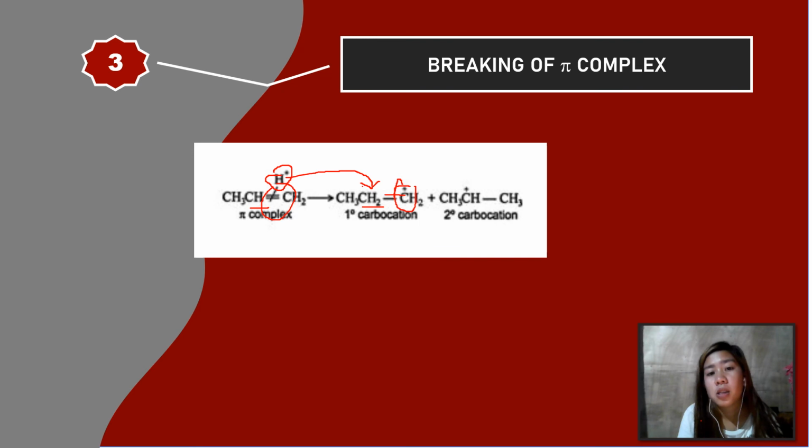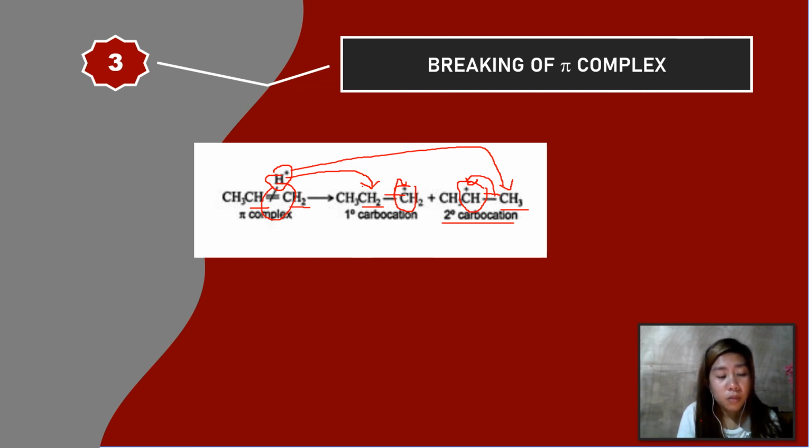In the second carbocation product, we have the hydrogen that connects itself to the first carbon atom, making it from CH2 to CH3. Then the second carbon undergoes protonation because the pi bond here was broken. So it adds a proton here. That is basically what happens.